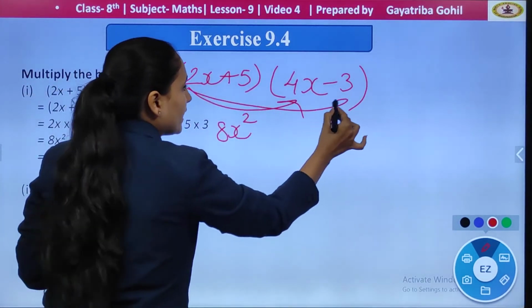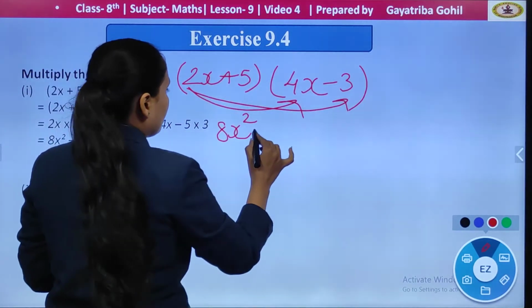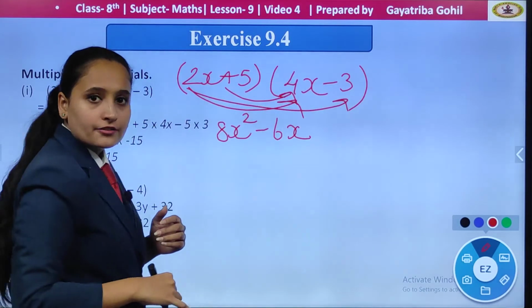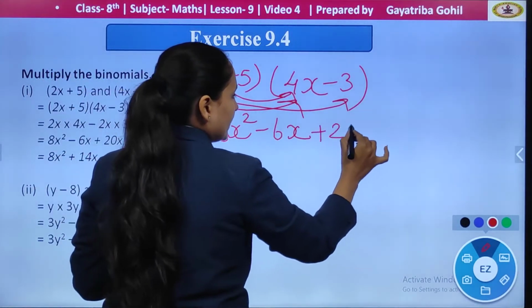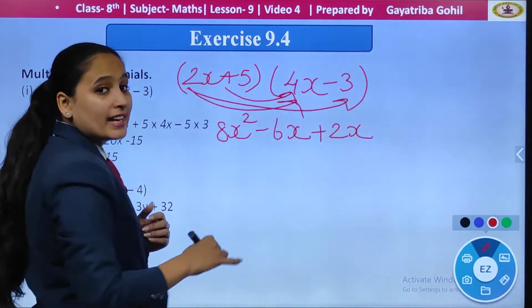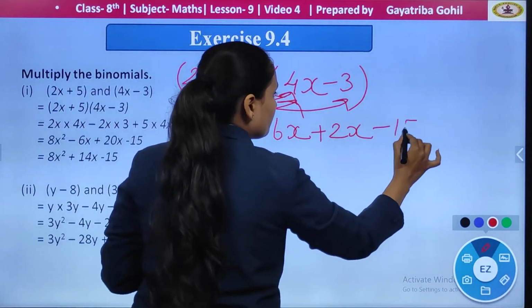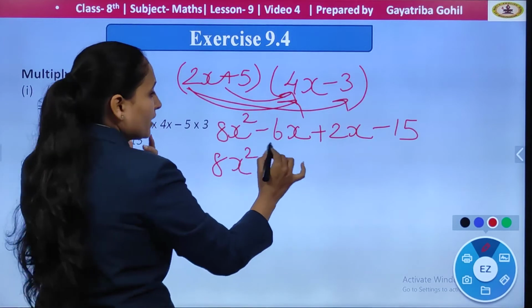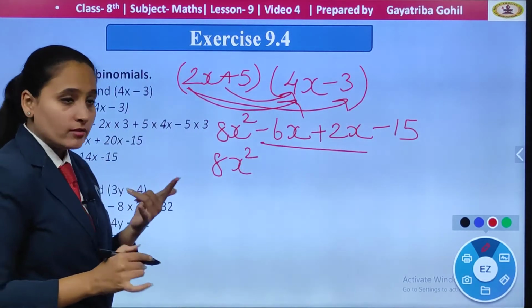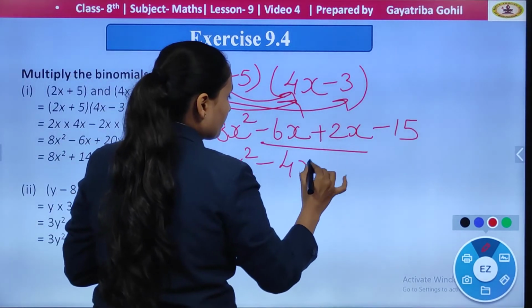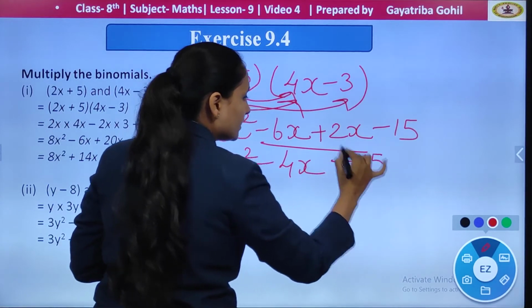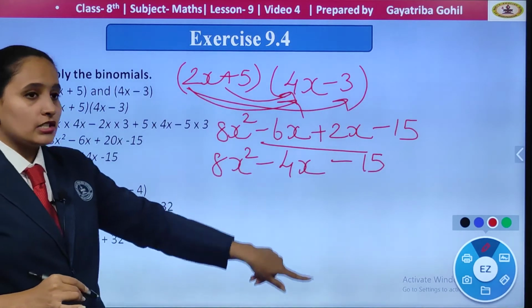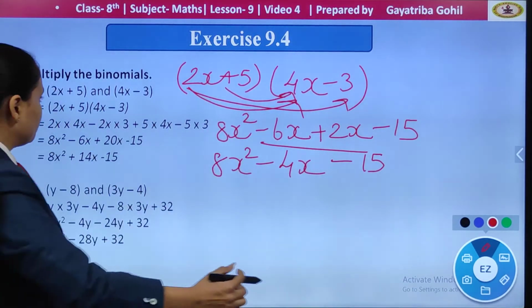Then you have to do 2x into minus 3, minus 6x. 4 5s are 20x, and 4 into minus 3 will give you minus 15. 8x square will remain as it is. Minus 6x plus 20x will become 14x, plus minus 15, as it is. So, when you multiply these two binomials, you will get 8x square plus 14x minus 15.